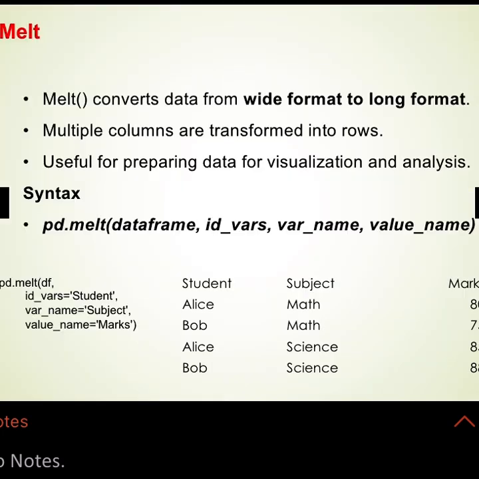And next is melt. What does melt mean? It converts data from wide format to long format, and it is again the opposite. Multiple columns are transformed into rows, and it is useful for preparing data for visualization and analysis. The syntax is pd.melt of the data frame, and then id variables, variable name and value name, all given in the melt function.